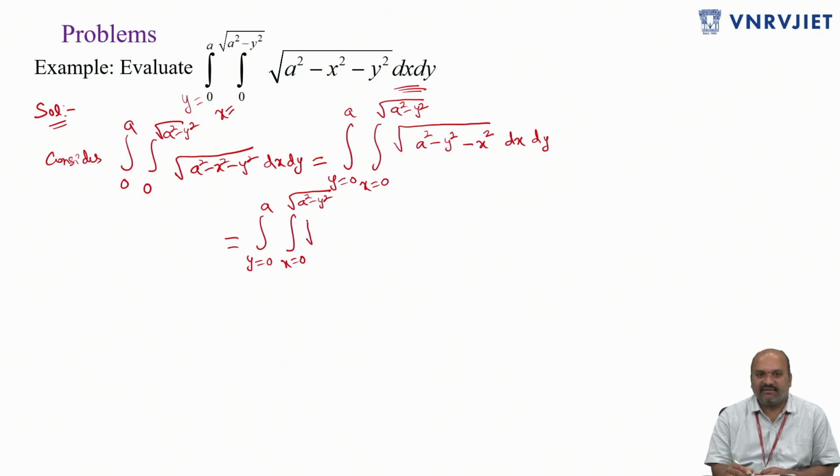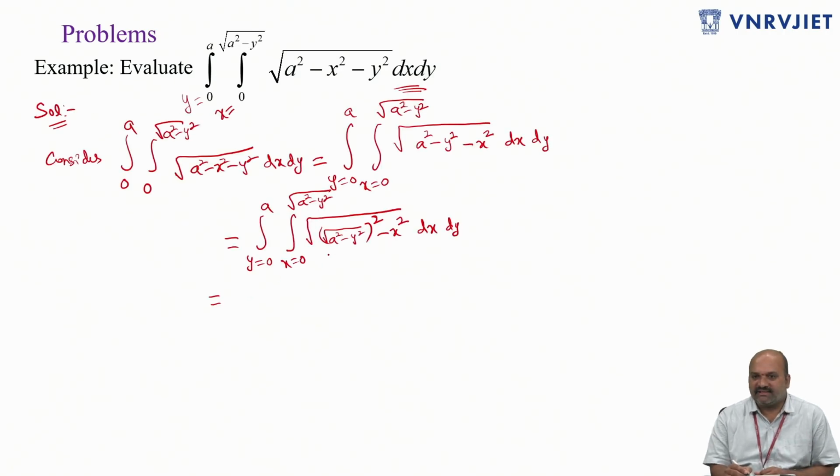Since we are integrating with respect to x, we treat y as constant. So a square constant, y square constant. Let's write this one in the form root over a square minus y square whole square minus x square into dx into dy.